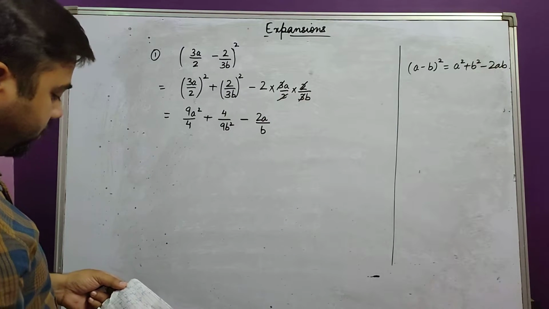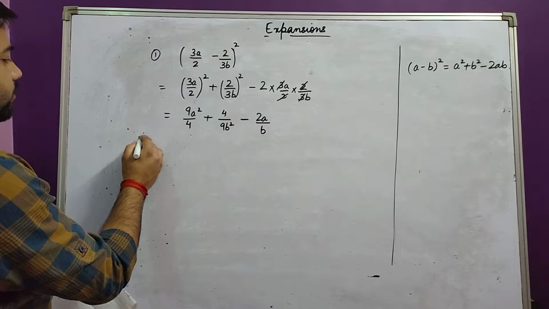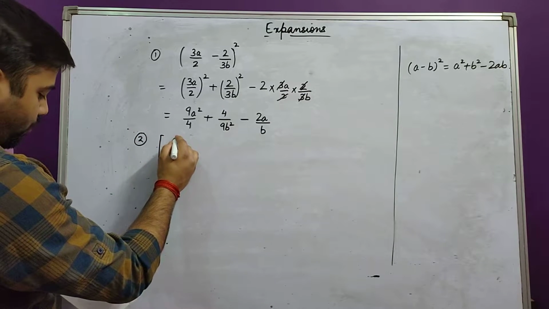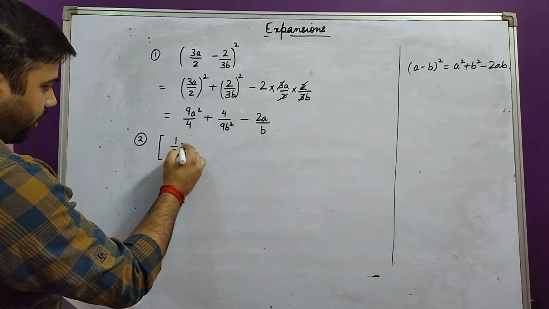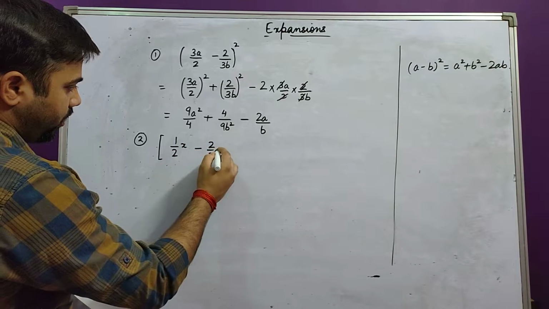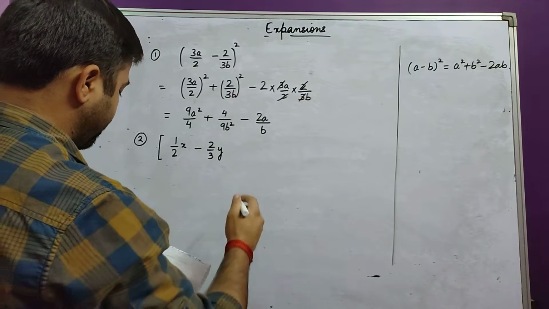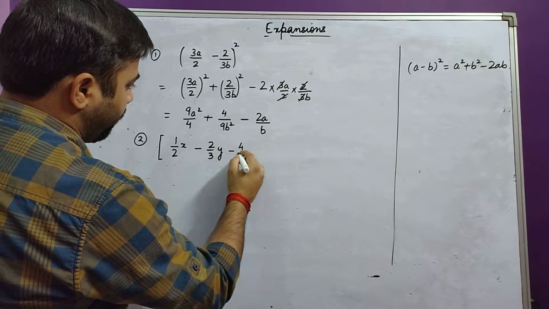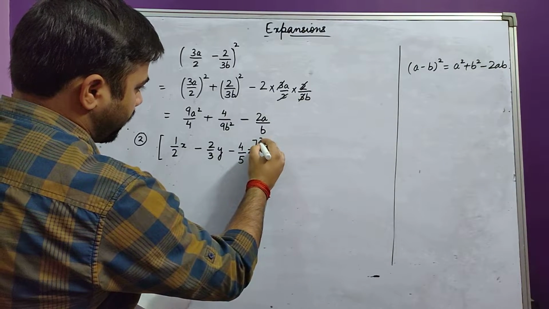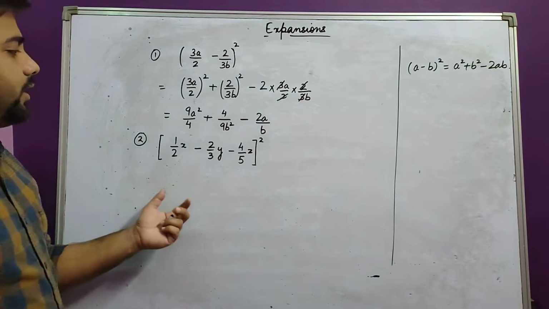Move on to the next question now. We have the next question now: (1/2x - 2/3y - 4/5z) whole square. Let us see, there are three terms.